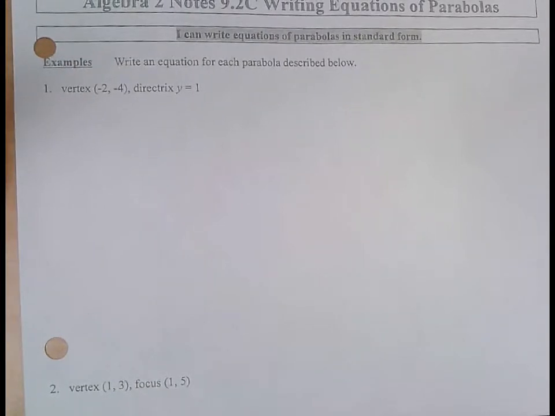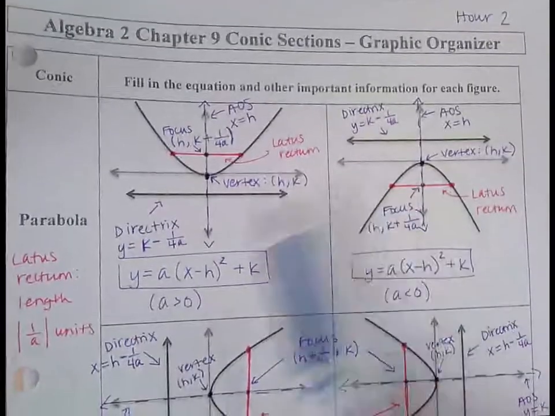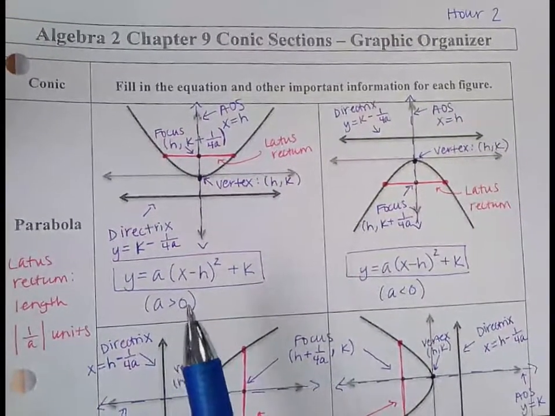Example 1 gives you that the vertex of the parabola is (-2, -4), and the directrix is y equals 1. What I usually do first, this isn't something you have to do, but I find it easiest, is to know which way this parabola is opening so you know which formulas you're looking at on your graphic organizer.